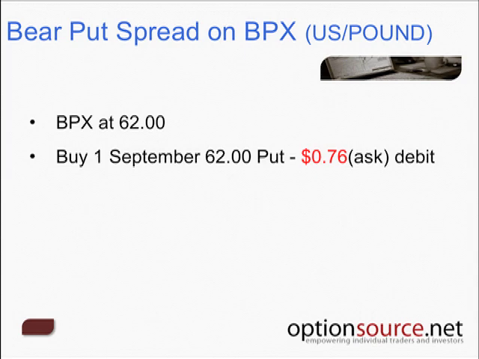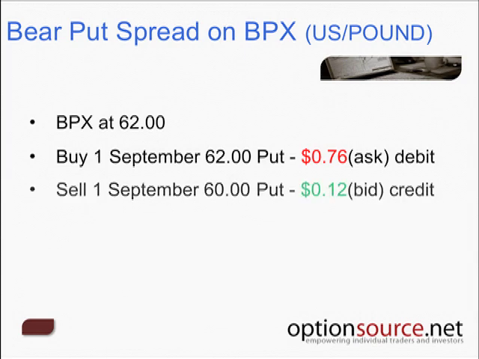So again, when I went into the market yesterday and I took a look at what the ask price was for these 62 puts, the market maker was saying, if you want to buy this particular option from me right now, you're going to have to pay me 76 cents. So if I wanted to get into the trade immediately, I would be dishing out 76 cents or, of course, $76 to participate.